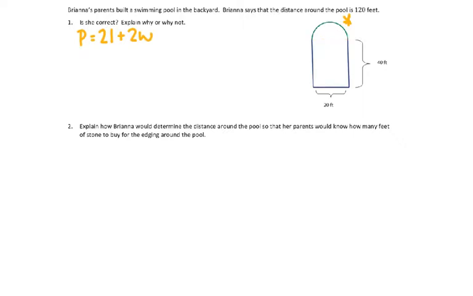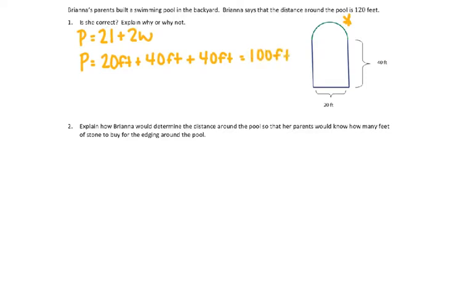So we're going to find the perimeter of this pool. We find the perimeter of the rectangle by adding up those sides. So we have 20 feet plus 40 feet, which is one side, and we do have another side, so plus 40 feet again. So we come to the conclusion that the perimeter of that rectangle is 100 feet.